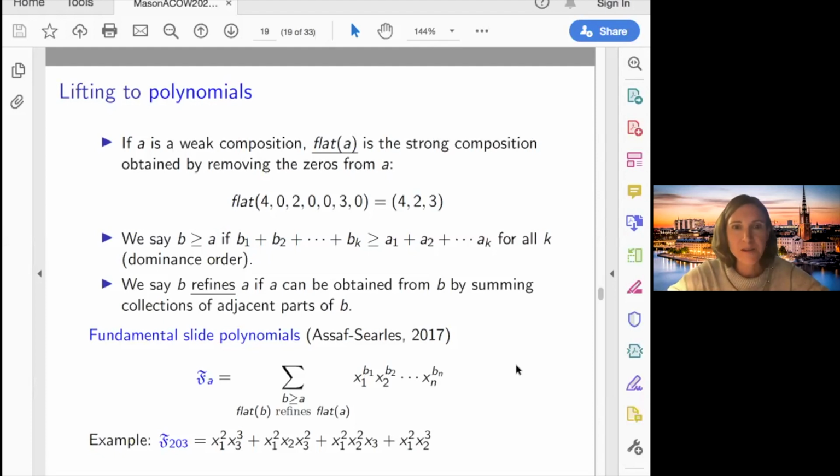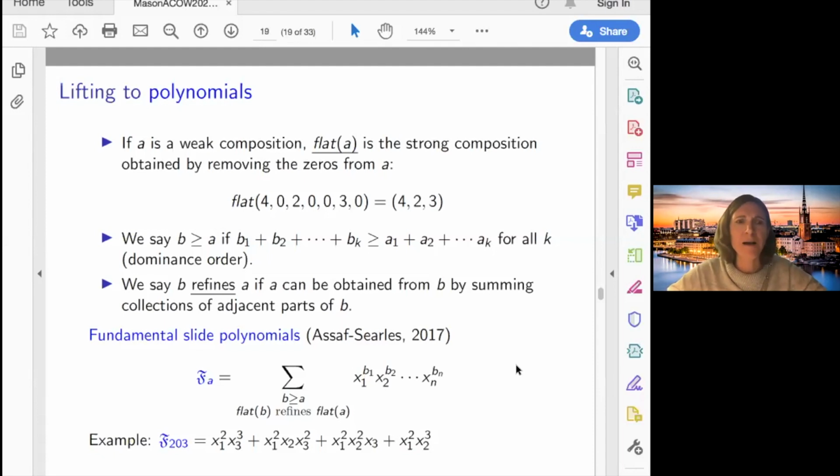Then dominance order: we say B is greater than or equal to A in dominance order if the partial sum of the first K entries of B is greater than or equal to the partial sum of the first K entries of A for all K. Finally, we say that B refines A if you can get A from B by summing collections of adjacent parts of B. So you take consecutive pieces of B and add them together until you get the coarser thing A. So refining for us means smaller pieces.